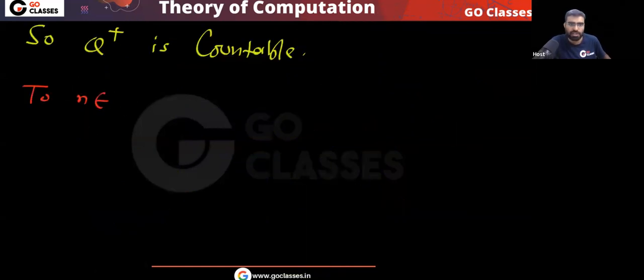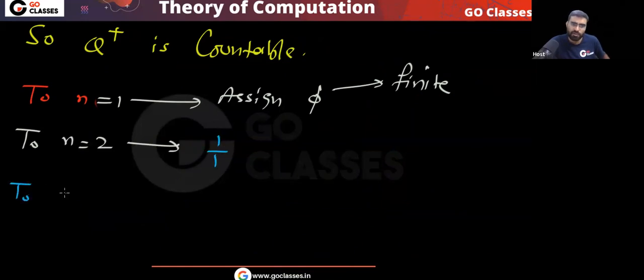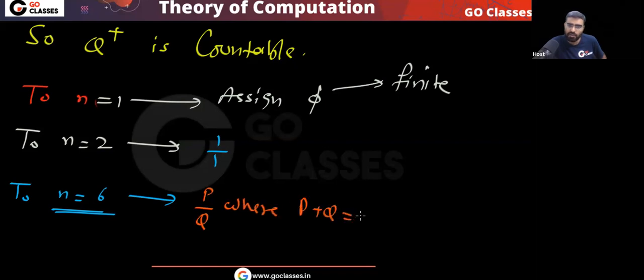To n equal to 1, what did we assign? We assign 5. That is finite. To n equal to 2, what did you assign? You assigned 1 by 1. To n equal to 6, what did you assign? You are assigning p by q where p plus q is equal to 6.